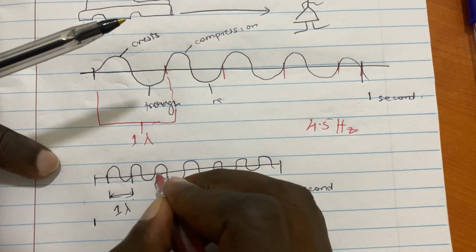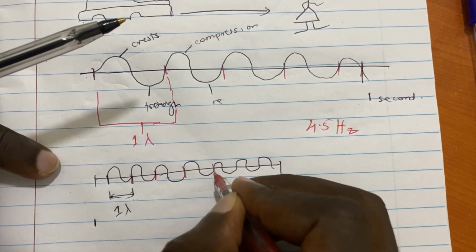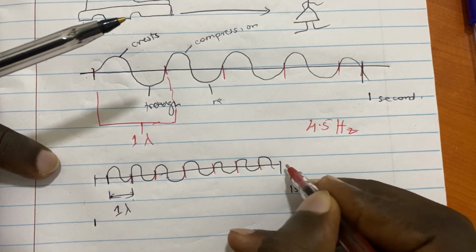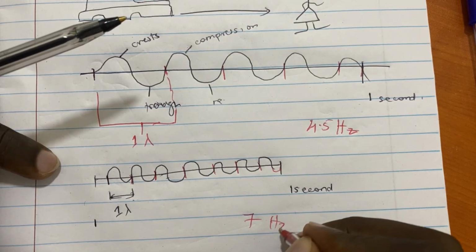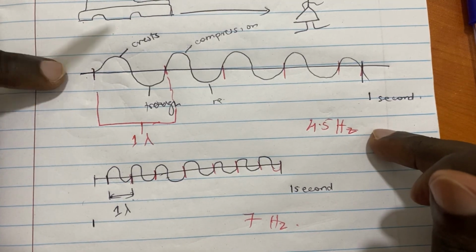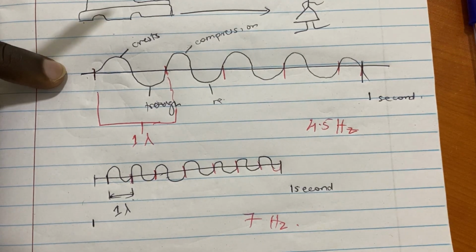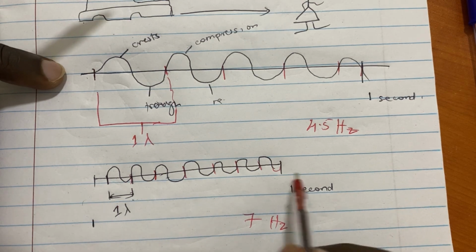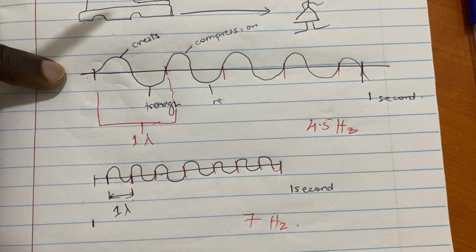Then in this one we have 1, 2, 3, 4, 5, 6, and then probably 7. So here it is 7 hertz. For the first sound, the frequency is 4.5; the cycle repeats 4.5 times per second. But the second source transmits sound waves of frequency 7, so in 1 second the cycle repeats 7 times.